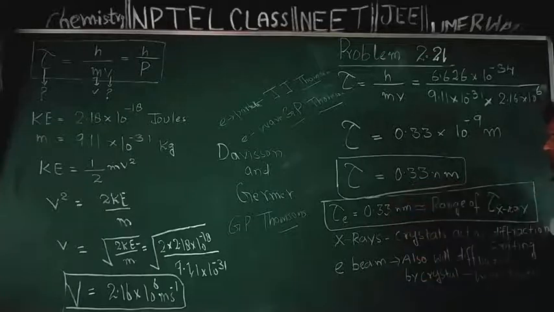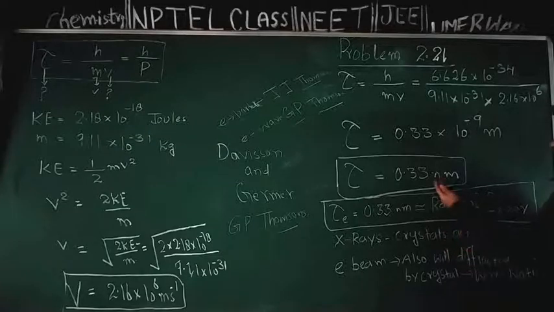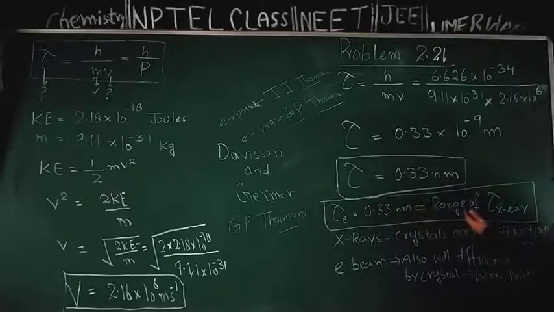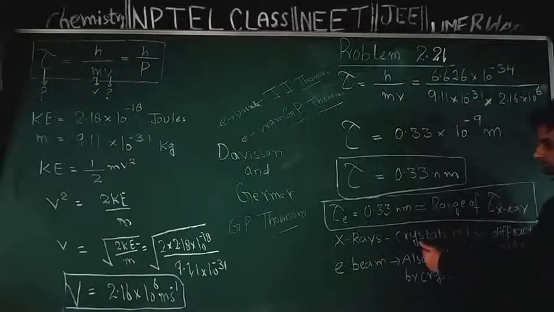Then additional information, I told that this value is of significance to us because this value of wavelength of electron, 0.33 nanometer, lies in the range of wavelength of X-rays, and X-rays have the property that when they strike crystal, crystals diffract these X-rays.